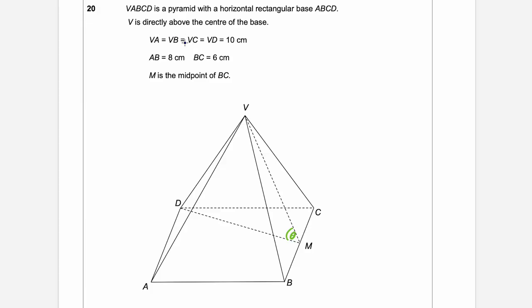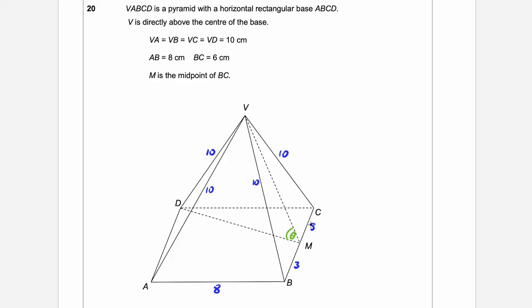VA, VB, VC, VD are 10. So these diagonals are all the same length. They're 10. That's 10. That's 10. That's 10. And that's 10. And then AB is 8. And BC is 6, which means this is 3. And this is 3 because M is the middle.